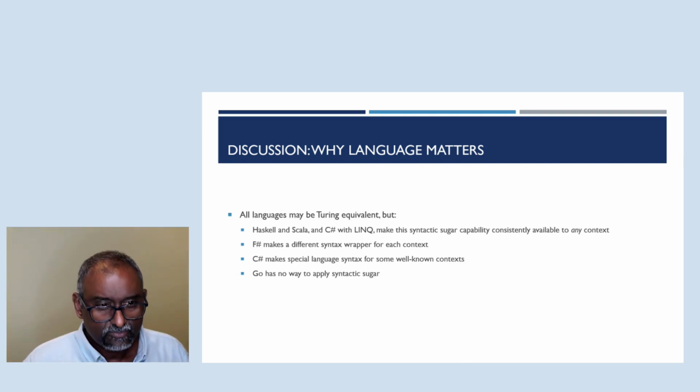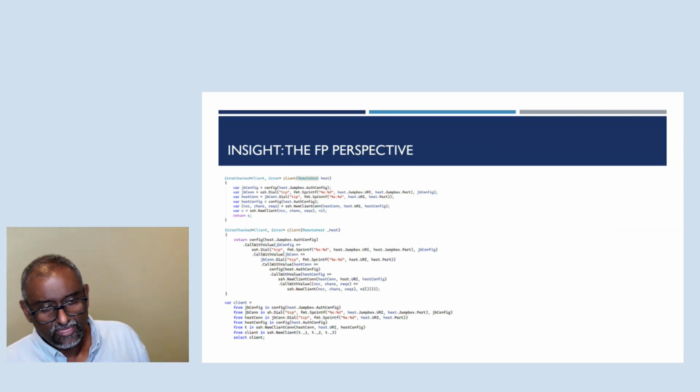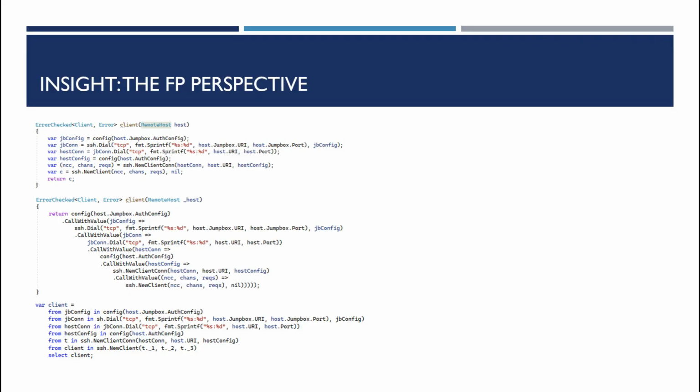Now, the key perspective from an FP perspective is that all these three blocks are actually the same thing. It's a completely mechanical process to go from the first block of code into the second representation.